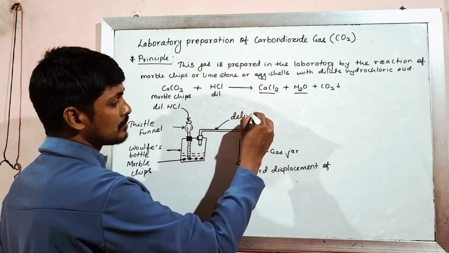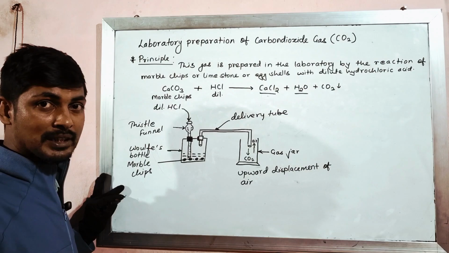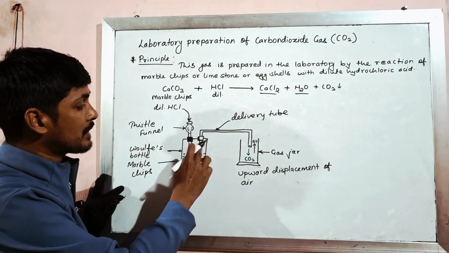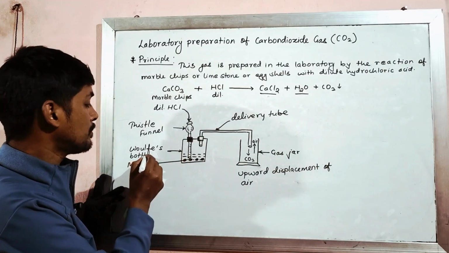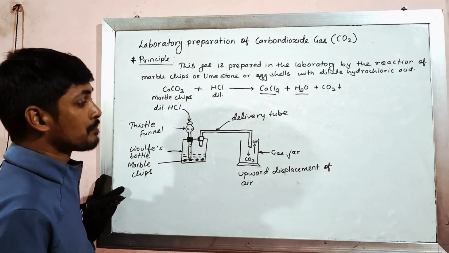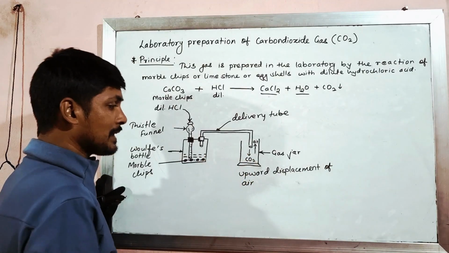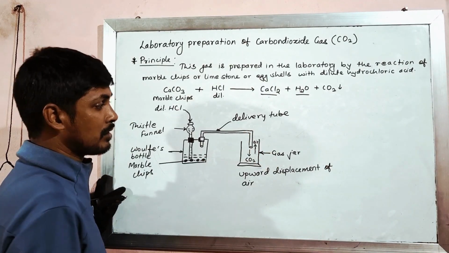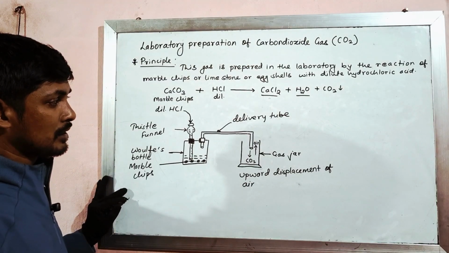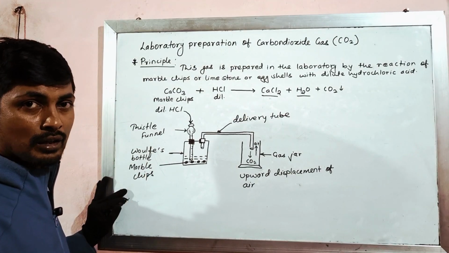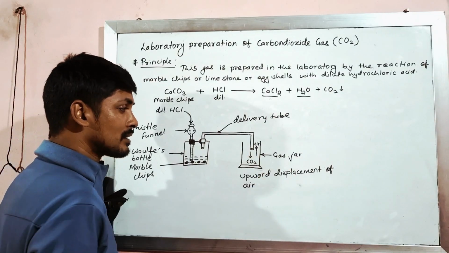This is the delivery tube. A tube which delivers something is called a delivery tube, and here it delivers carbon dioxide gas from the Wolf's bottle to the gas jar. Now, how do we know whether the jar is full or not? Carbon dioxide is a colorless and odorless gas, so we can't see whether the jar is full.